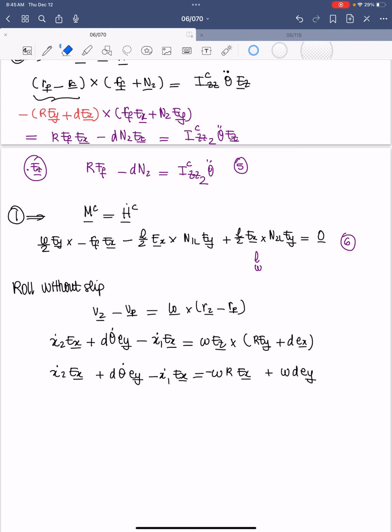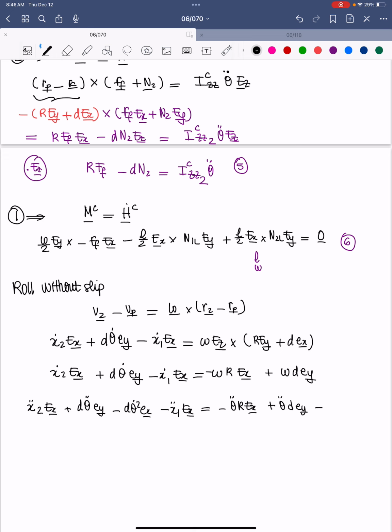I will get that a2: x double dot 2 EX plus D theta double dot EY minus D theta dot squared EX minus x double dot 1 EX is equal to minus alpha R, or theta double dot R, plus theta double dot D EY minus theta dot squared D EX.